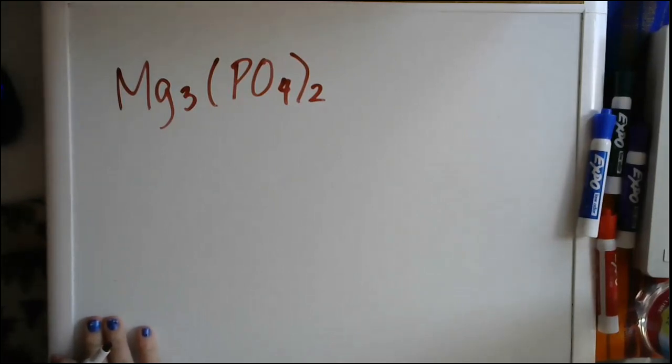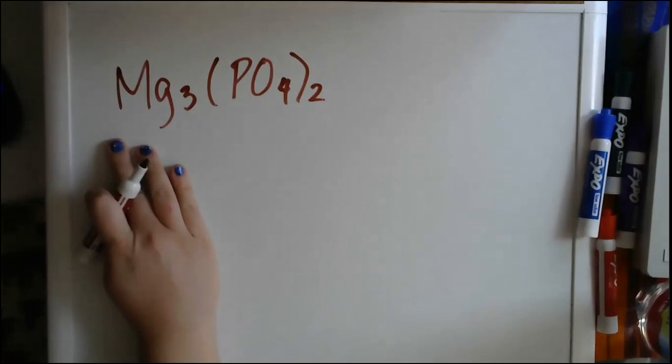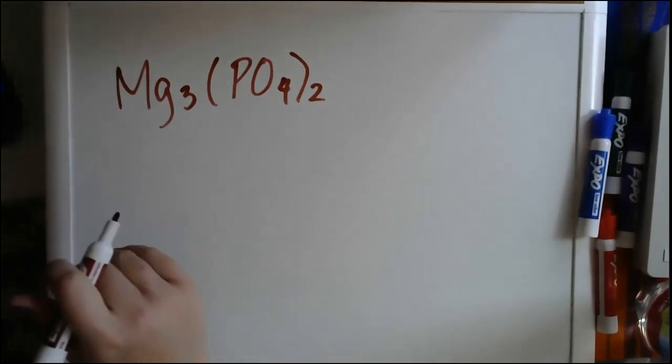I think it's easier to separate out the polyatomic ion from the other ion in this case and do them one at a time.